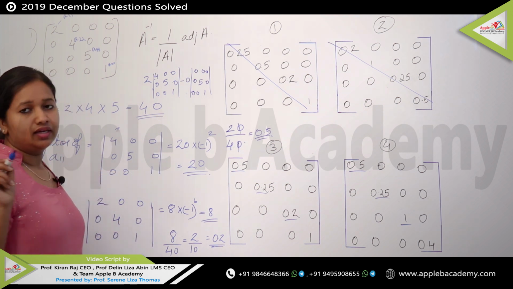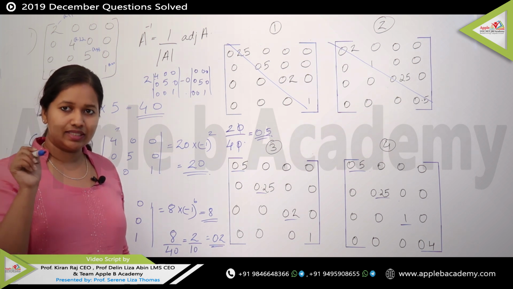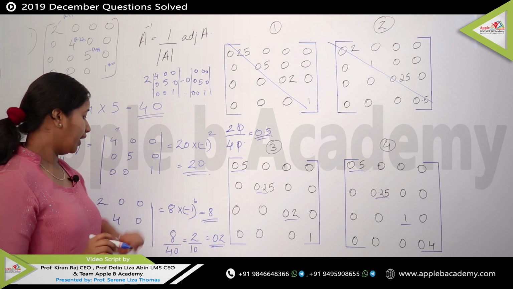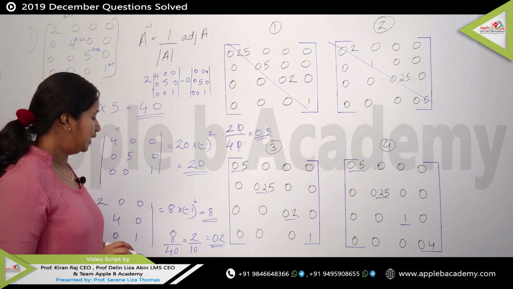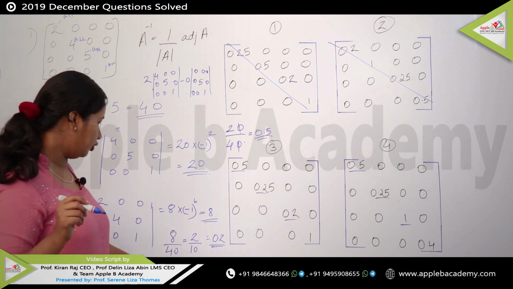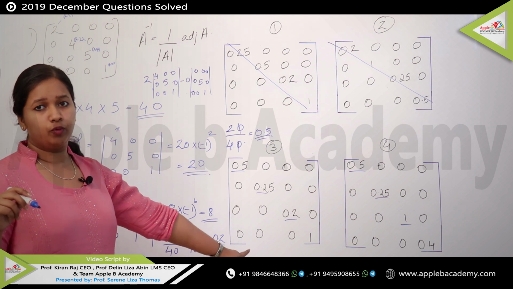Here it's A33, so i plus j is 3 plus 3, minus 1 raised to 6, again 1. So the cofactor is 8, and you need to divide the cofactor by the determinant, which is 8 by 40. So 8 by 40 gives you 0.2.